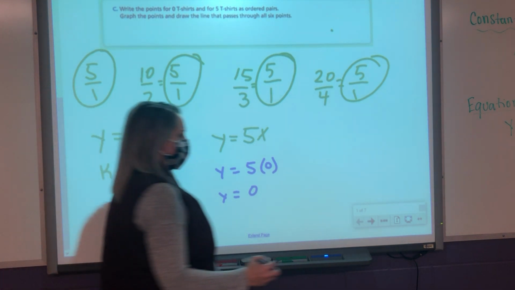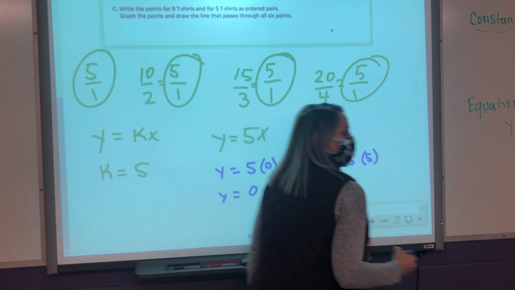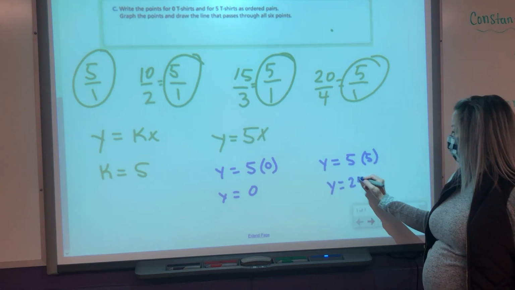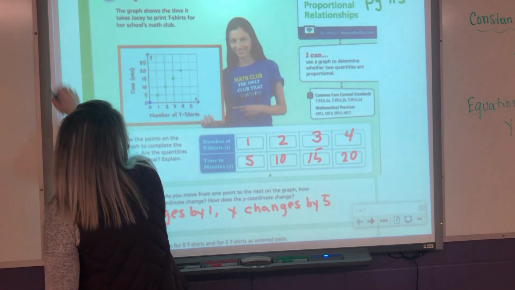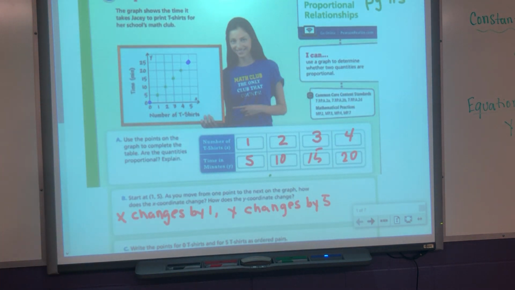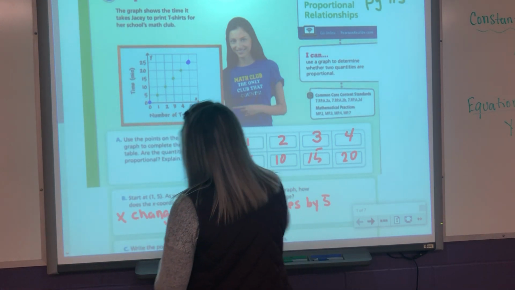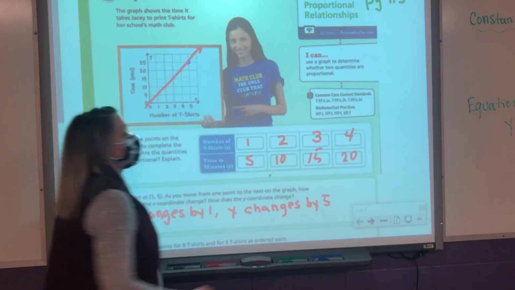What about 5 t-shirts? It'd be 25. So then our ordered pair would come up here. The last thing they ask you to do is draw a line. What do you notice about that line?